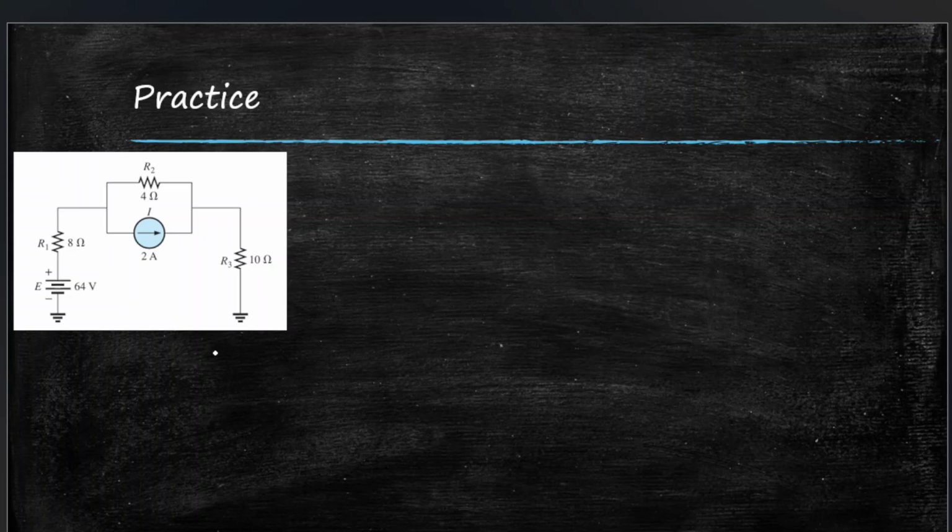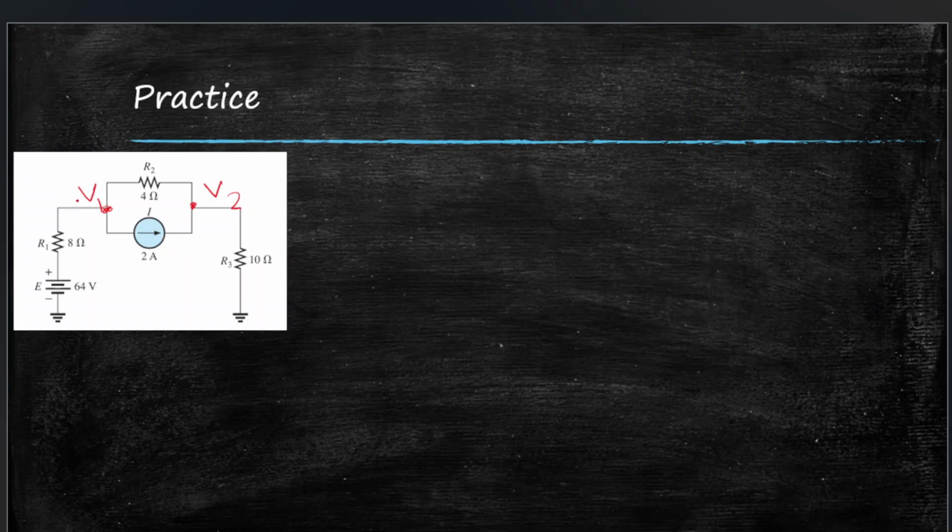Now let's do another one. Okay, here we have two ground nodes, which will be 0, 0. And let's assign these nodes with the red marker again. So this will be one node. This will be our v1, and this will be our v2.